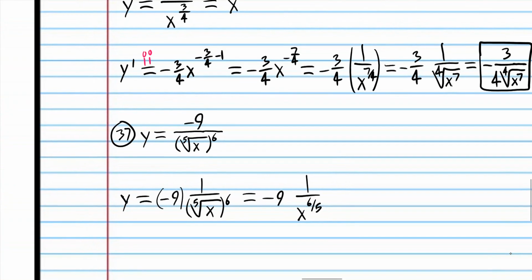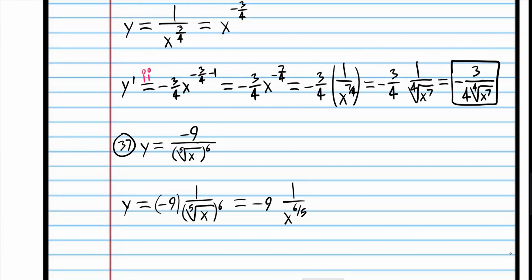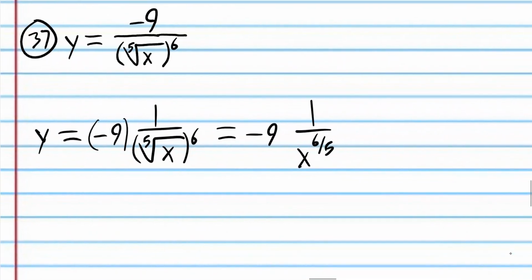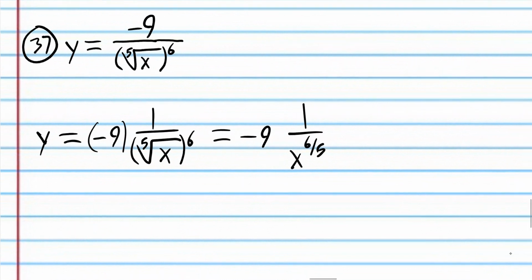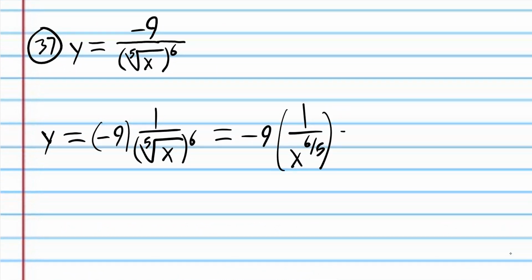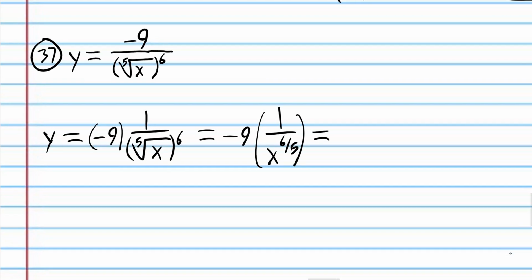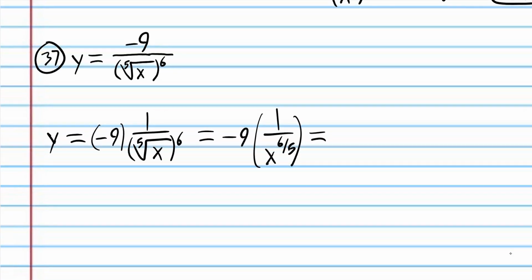This is a little bit different. It's written in a different form, but it's still the same value, just written in a different form. So now we're going to use exponent rule number 8 and bring that up to x to the negative 6/5 power.